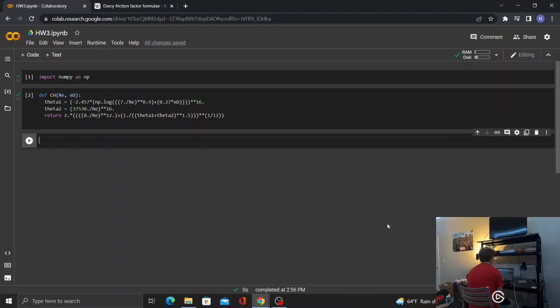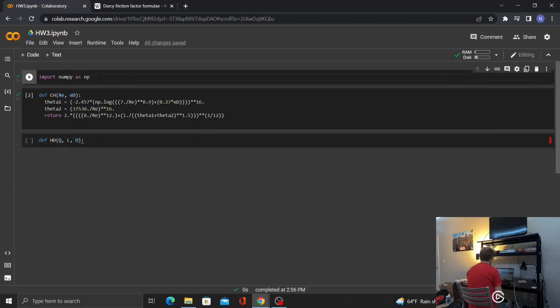So now we're going to actually start solving our problem, and we will need to define our function for the head drop now, and we will be inputting the flow Q, length of the pipe L, and diameter of the pipe D. And again, we're going to be using those right-hand side equations that I wrote on the whiteboard earlier.